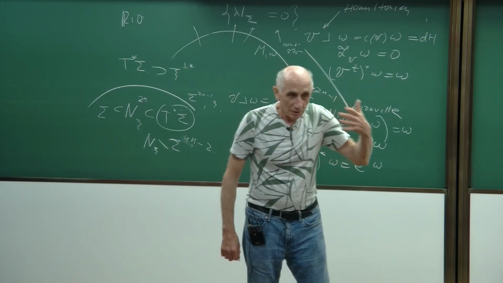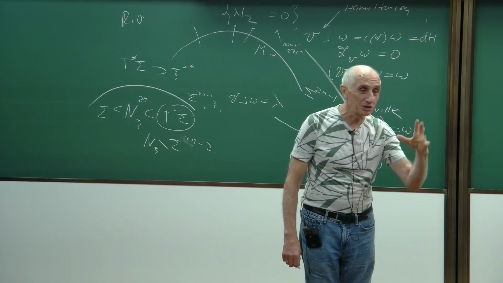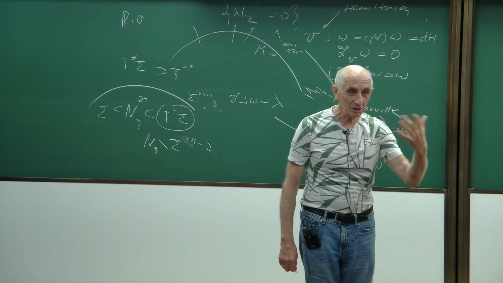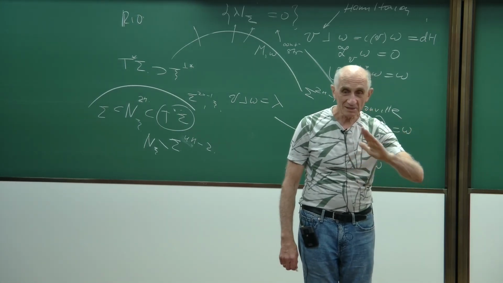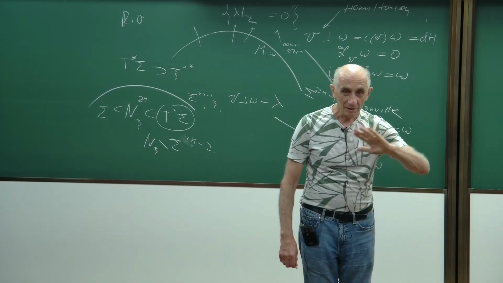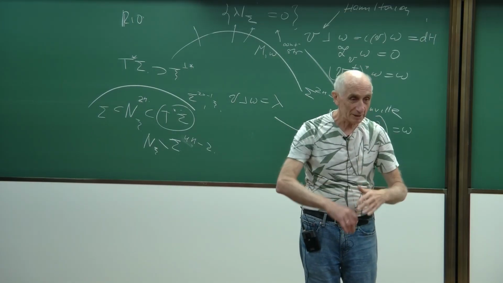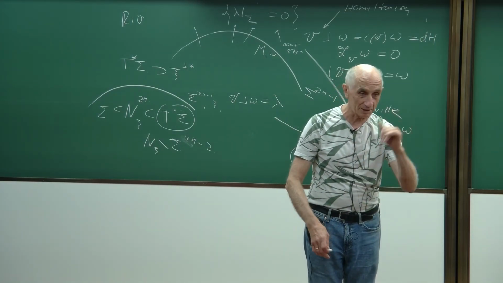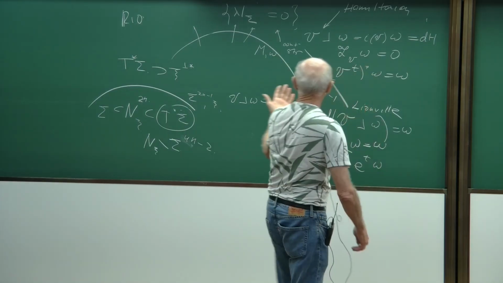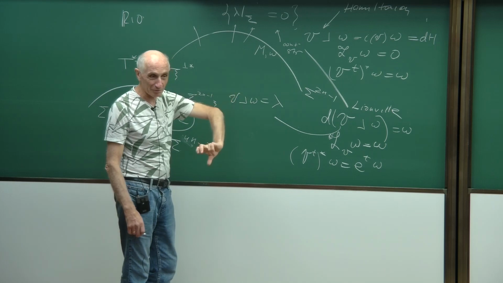So in principle this bundle could be non-trivial. It's non-trivial in case sigma is not coorientable, and then you cannot split it. But otherwise, if it's coorientable, the bundle is trivial, and therefore it consists of two equal parts, a plus part and a minus part.